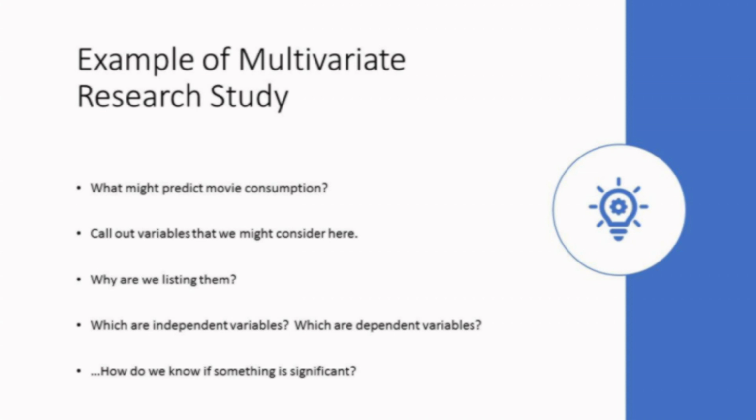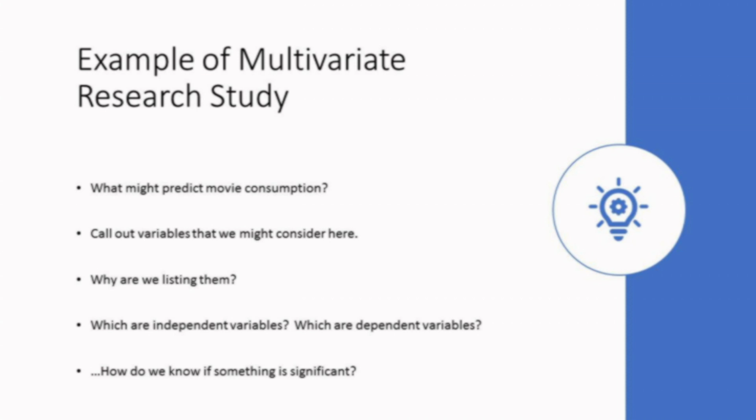Are you interested in what predicts people watching action movies or horror movies or whatever it may be? Those are your dependent variables. Again, we're thinking about the outcome. What do you want to know that impacts what? When you get to that point, you're able to better differentiate independent and dependent variables.